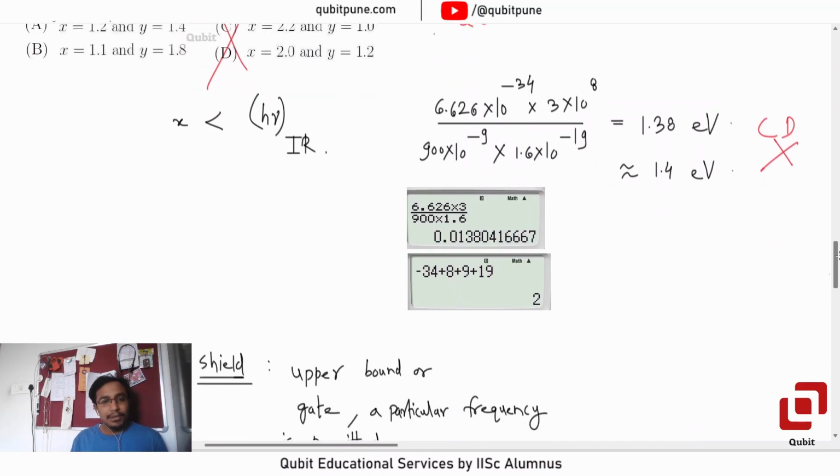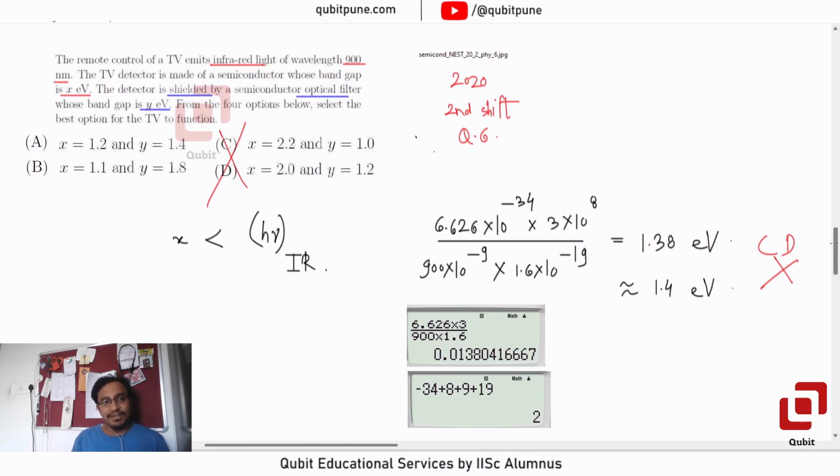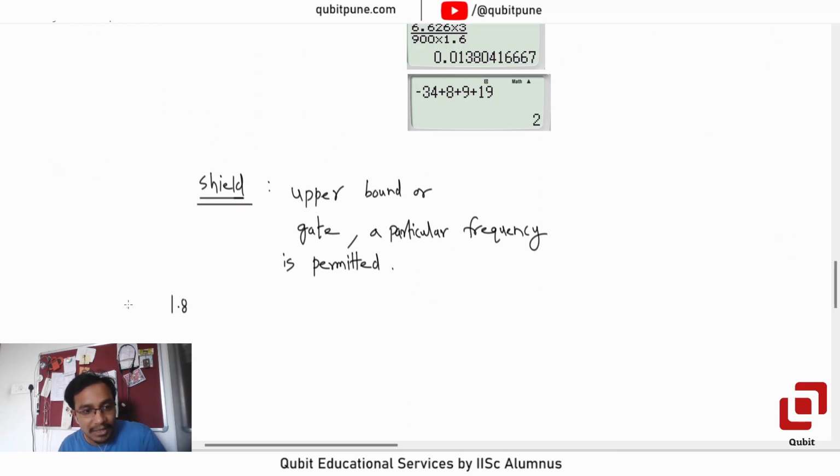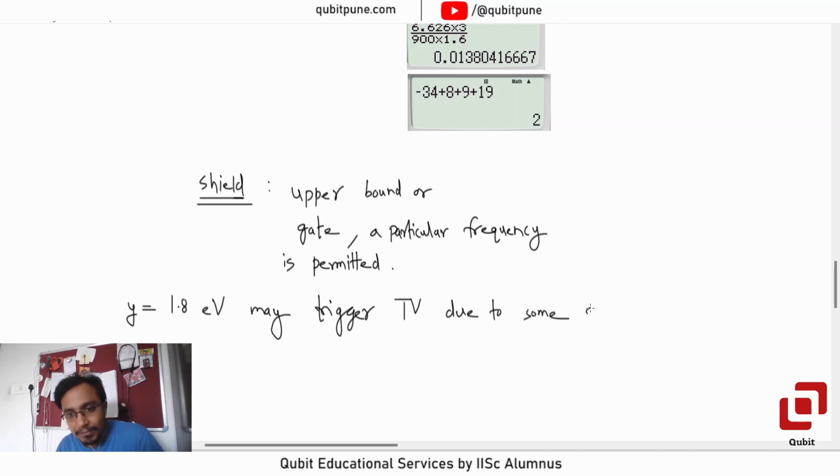Now, although if we apply the logic of upper bound, then both A and B will match. But that 1.8 electron volts will also leave possibility of some other radiation triggering the TV, and we don't want that to happen, right? It may trigger the TV due to some signal, not necessarily from the remote.